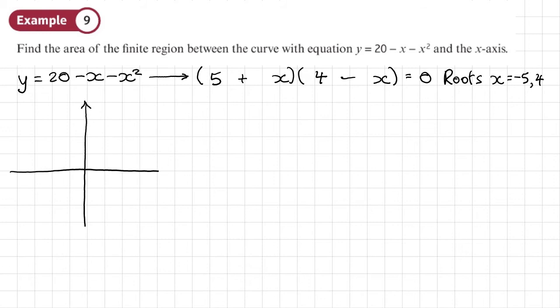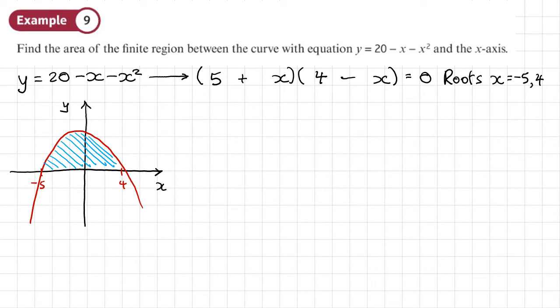This is an n-shaped quadratic because the coefficient of x squared is negative, and I know where it's going to cross, so let's put those values in: 4 here, negative 5 here, and we'll sketch this in like this. And so the area we're trying to find is this area here.